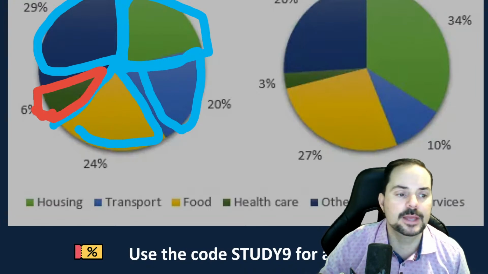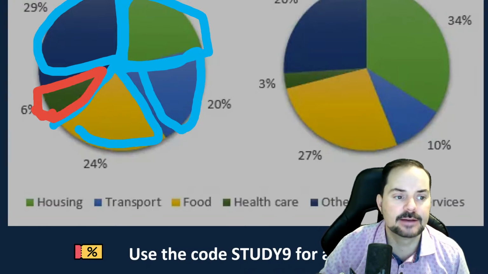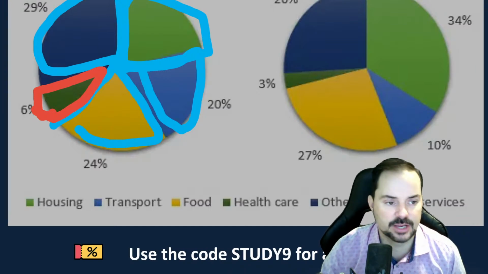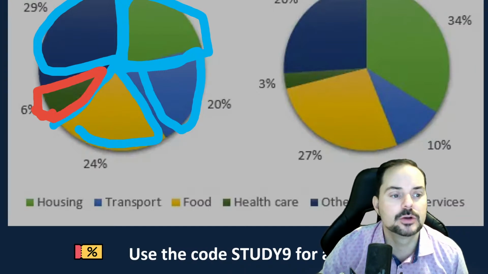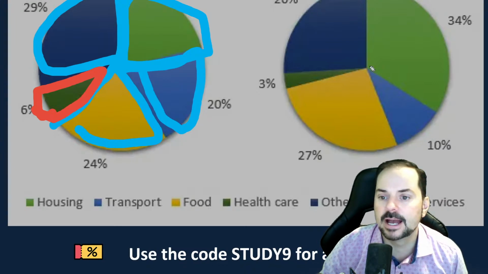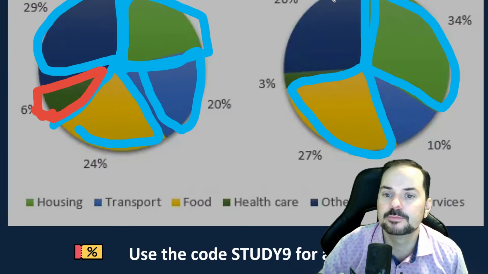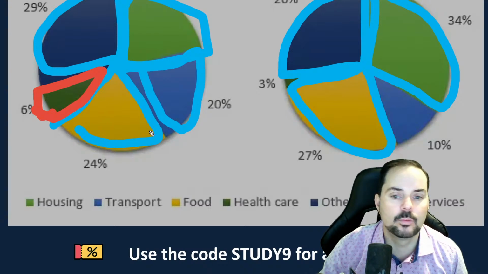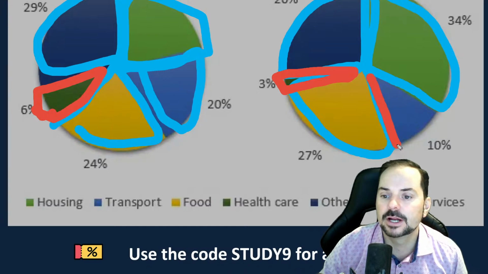In Malaysia, and this is just simple visual logic, everyone, we have one nice big slice, another big slice, another big slice, and then one tiny slice and one kind of smaller slice.